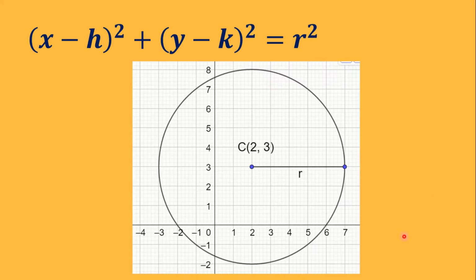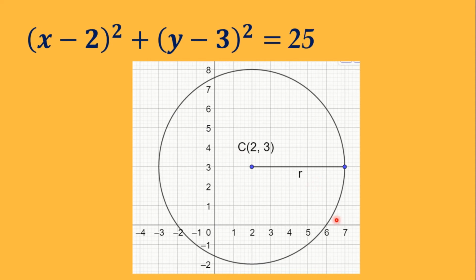For example, if the center is at the point (2, 3), with r equals 5 units, then its equation is the square of the quantity (x minus 2) plus the square of the quantity (y minus 3) equals 25.